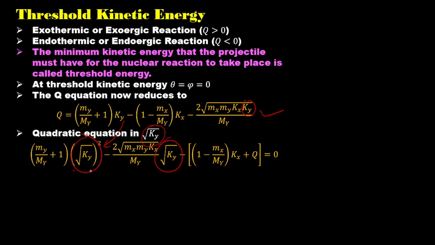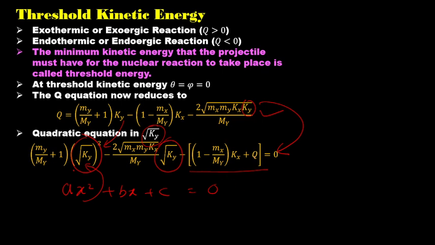So this is the square of the square root of Ky, this is just the square root of Ky, and this is the remaining term. When rewritten like this, we see that this equation resembles the quadratic equation ax square plus bx plus c equal to 0, where x represents the square root of Ky and a, b, c are the constant coefficients.